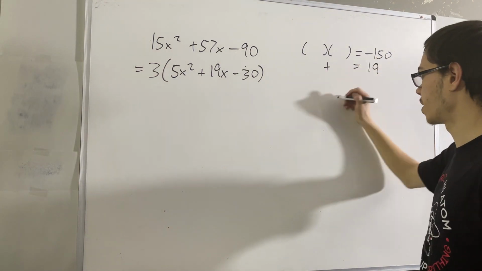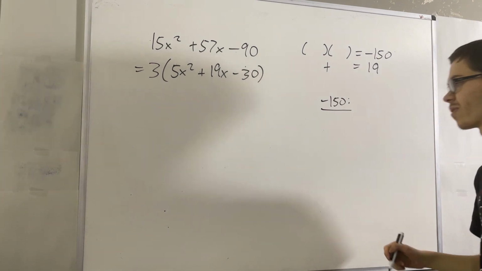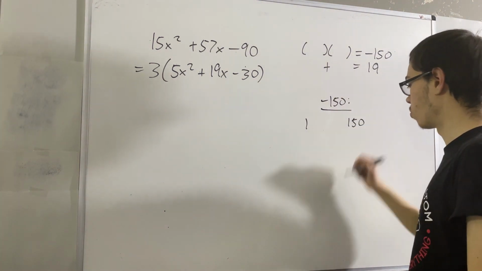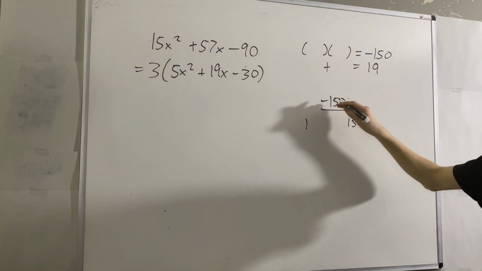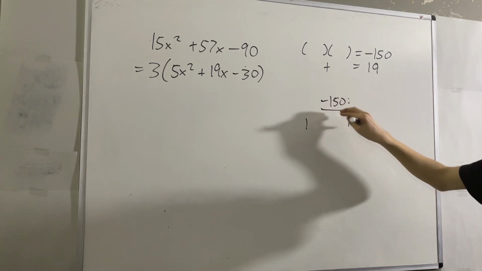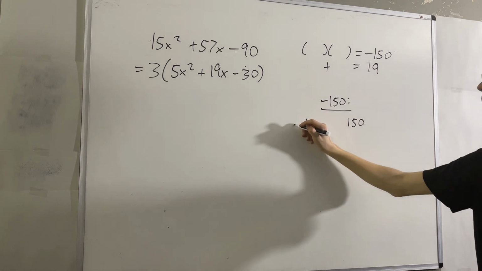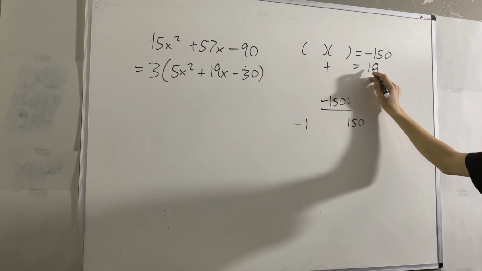So in this case, we're considering the factors of negative 150. And 1 and 150 would be our first consideration. Now, since we're multiplying two numbers to make a negative number, one of these numbers has to be negative. But we'll make the smaller number negative, so that assures us that when we add these together, we get a positive result.